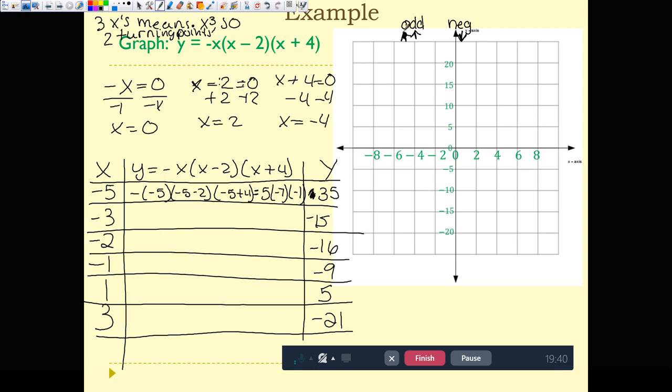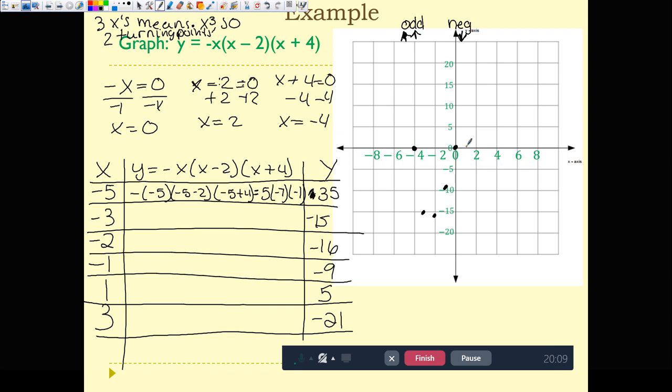Then at -3, we're going to be at -15. -2, I'm at -16. -1, I'm at -9, so it goes up. And then at 0, I'm at 0. And then at 1, I'm going to be at positive 5.